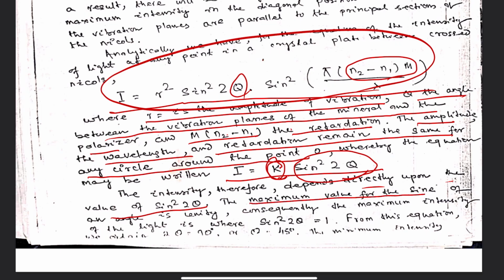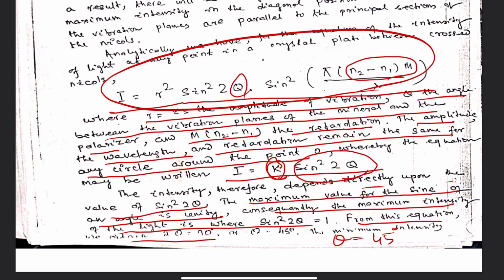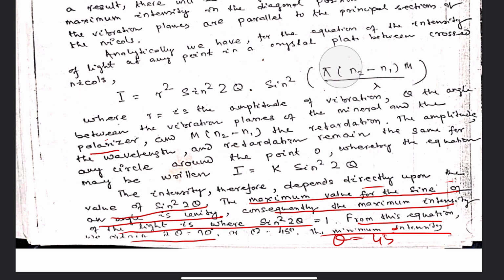The maximum value of sine is unity. Consequently, the maximum intensity is where sin squared 2 theta equals 1. From this, 2 theta equals 90 degrees, or theta equals 45 degrees. That's why maximum intensity is seen in the 45-degree position.